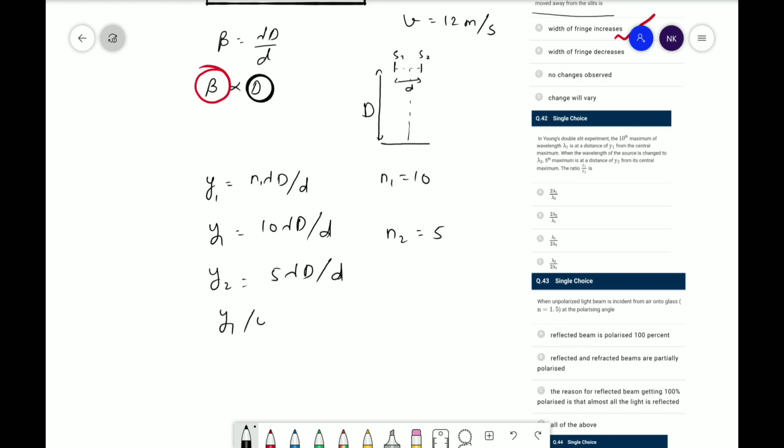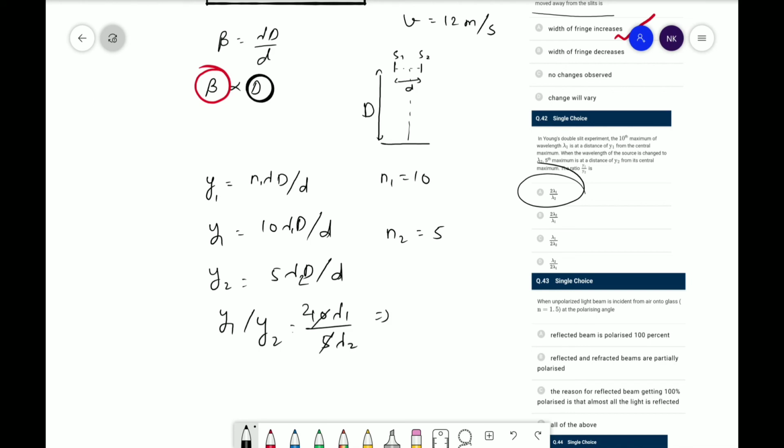Hence y1 upon y2, lambda D upon d will be cancelled out, and it will be equal to 10 lambda 1 upon 5 lambda 2. The correct answer is A, 2 lambda 1 upon lambda 2.